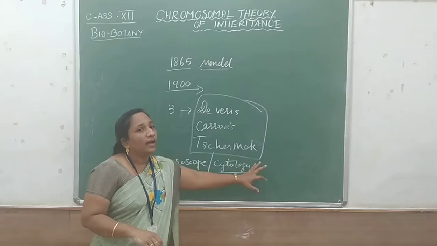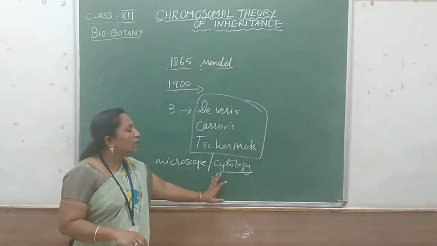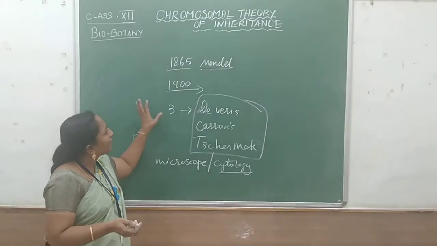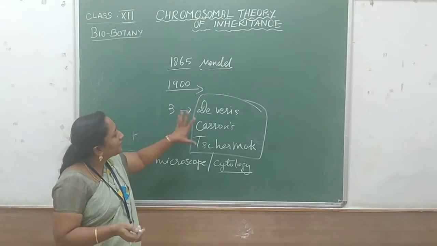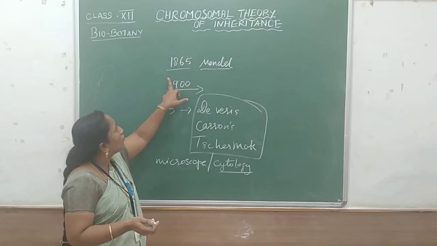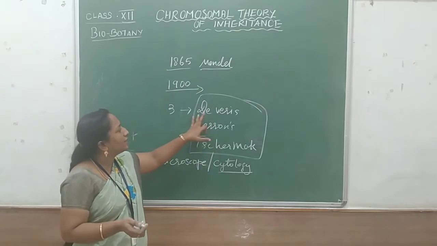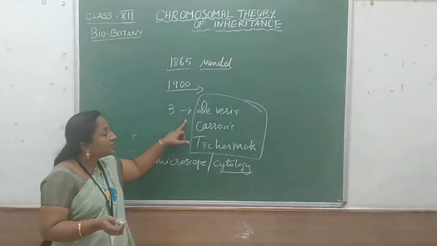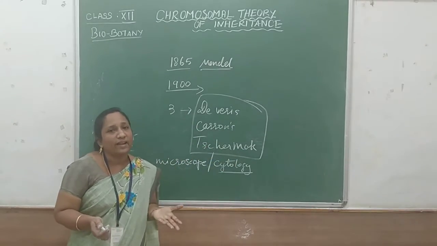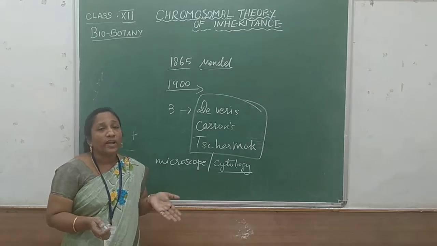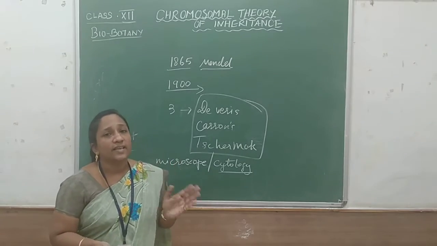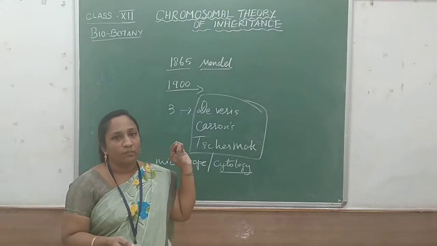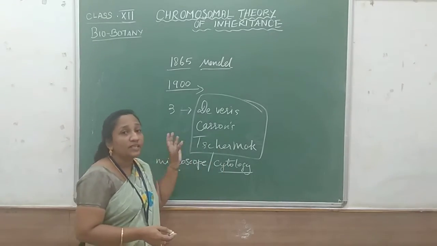Because of the development of the microscope and cytological studies, all the scientists accepted the rediscovery by these three scientists, De Vries, Correns and Tschermak. They proved that what Mendel said is correct. Something is present inside the cell, that is the nucleus.